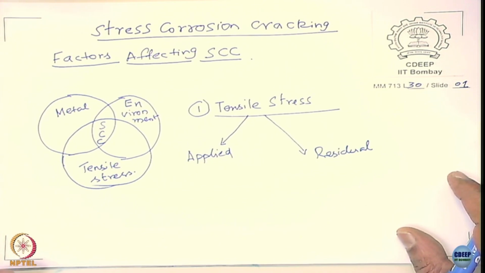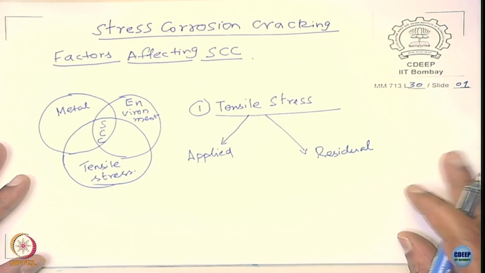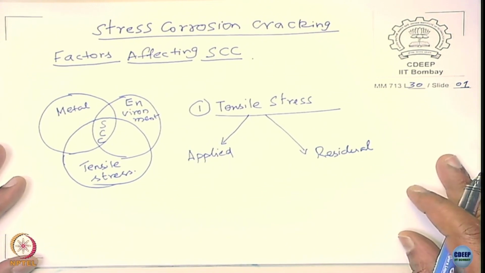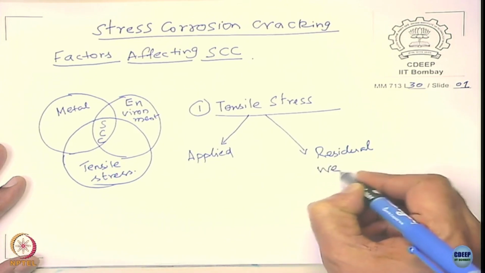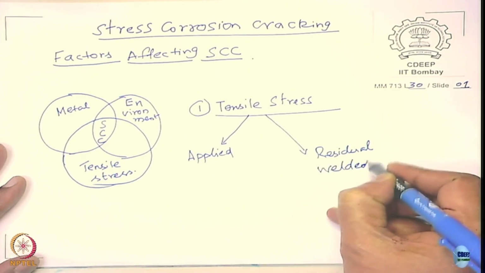In a chemical reactor, it can come out of the pressure of the reactants and products involved. And the residual stresses, they reside in the material because of, let us say, the welded component.